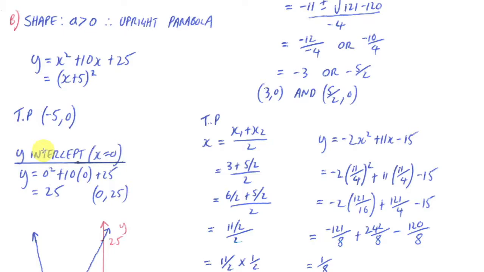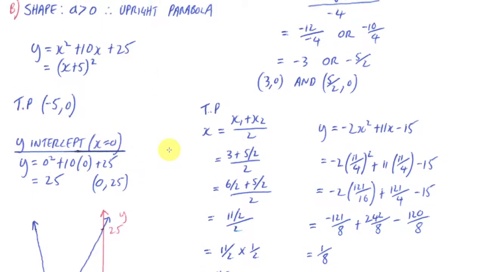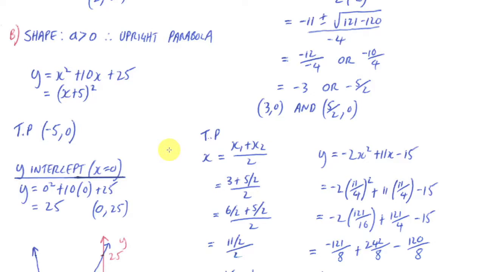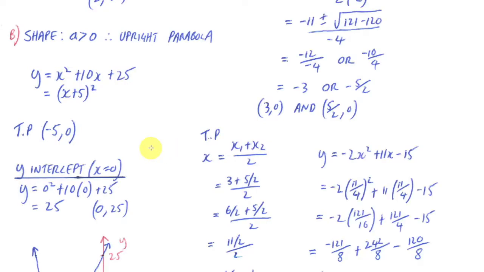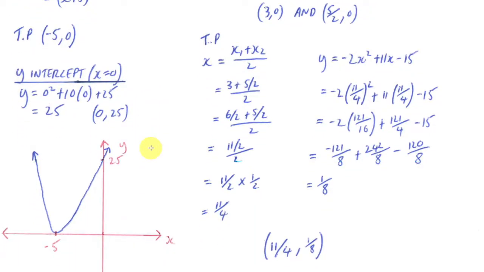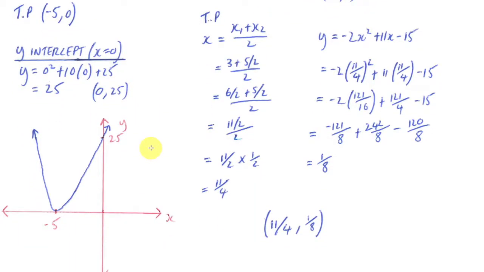The y-intercept, sub x equaling 0 into the rule to get 25, and we know that anyway from the expanded format. And that's all the information I need, because obviously that's going to be the x-axis as well where it cuts through, so I have that coming.